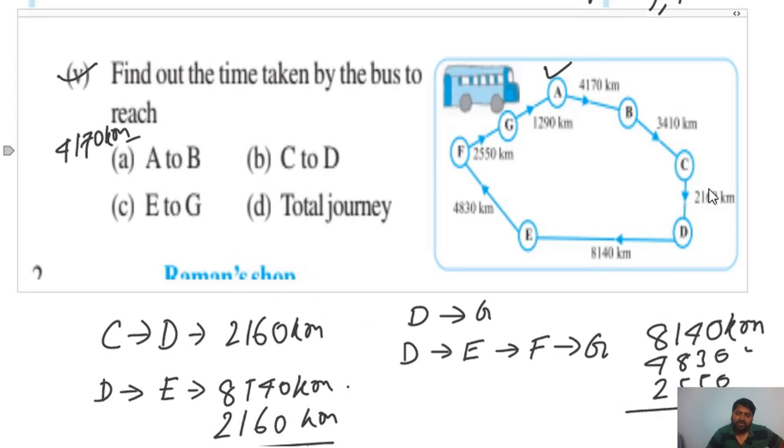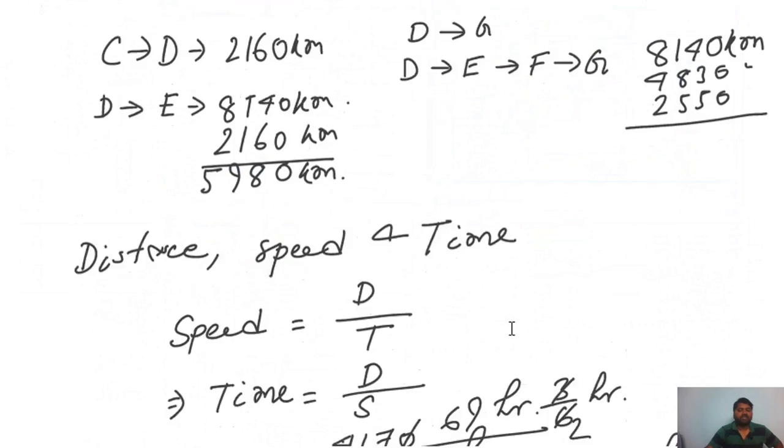In a similar way, we can calculate C to D, that means we divide 2,160 kilometer by 60. For E to G, we get E to F and F to G. Firstly we add 4,830 plus 2,550, then we apply this formula.